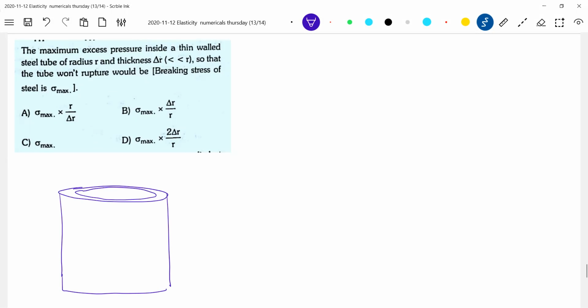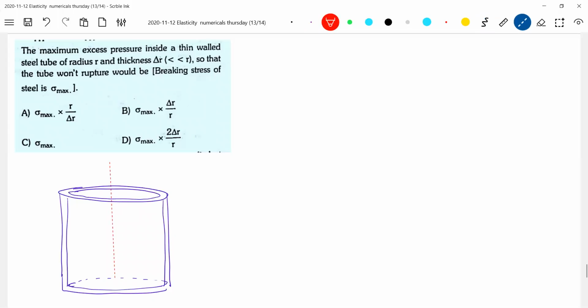Okay, let me show that wall like this. This is the axis. Let me help you first with the diagram. So the radius of this is R. Will you agree? So outside pressure is P naught. Inside pressure is P.